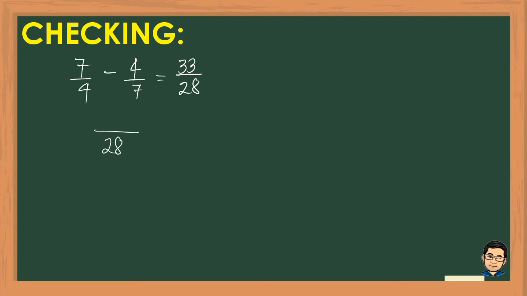So 28 divided by 4, that is 7, times 7, 49. 28 divided by 7, that is 4, times negative 4, that is negative 16, equals 33 over 28. So if we subtract 49 minus 16, that is 33 over 28.